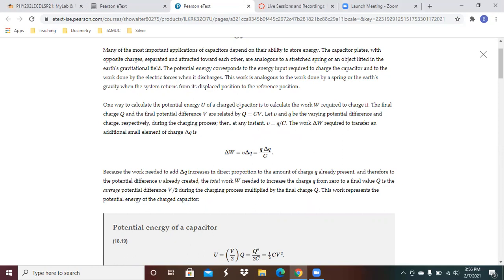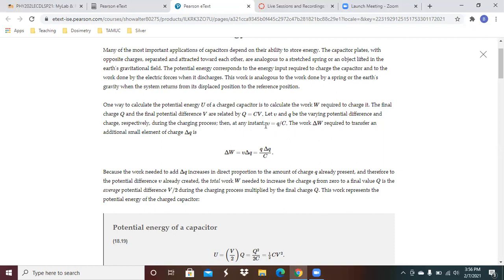So how do we calculate it? We're going to take the work that's required to create it, and that's going to give us the value of the potential energy. So the final charge Q and the final potential difference are going to be related by this formula. I don't think that surprises anyone. So let V and Q be the varying potential difference and charge, respectively, during the charging process.